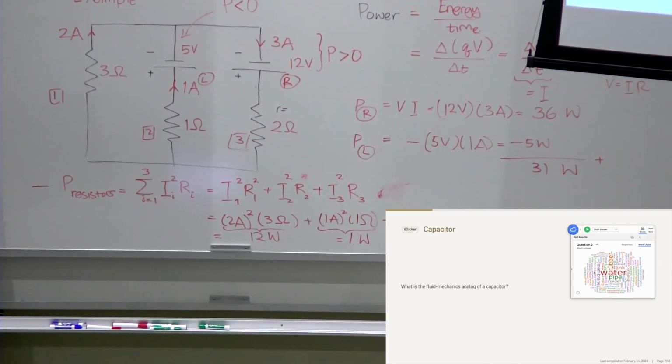In capacitors, what they store is charges. Depending on the size of the water tower, the rate of flow of water or the time required to empty the water tower depends on the size of the water tower. And also the size of this hole here.